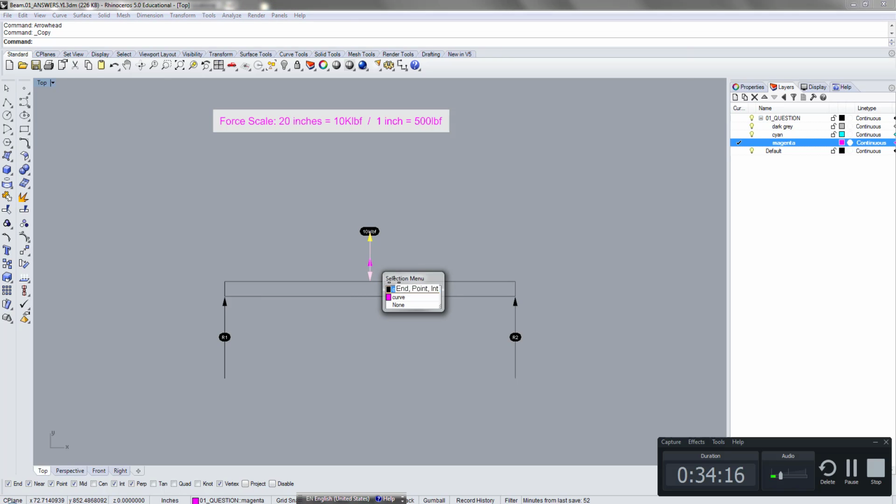Just making sure that these two are the same lengths. But reaction 1 and reaction 2 would be exactly the same. So if you add this and this, it should be equal and opposite of that.